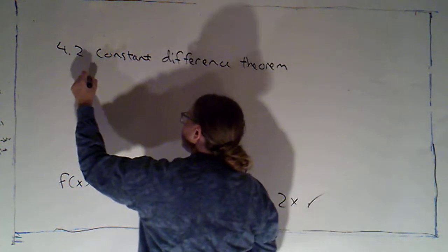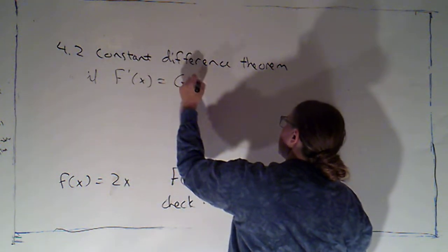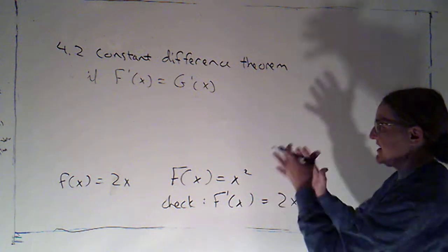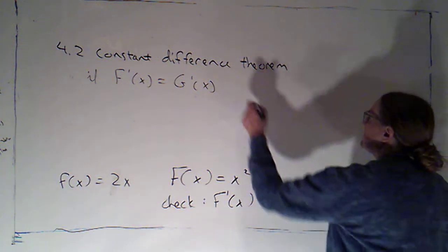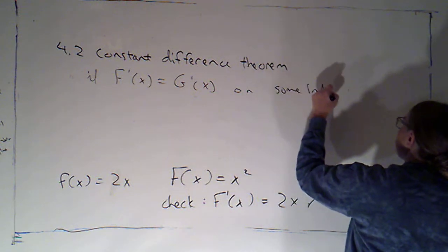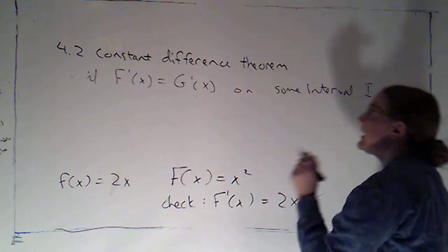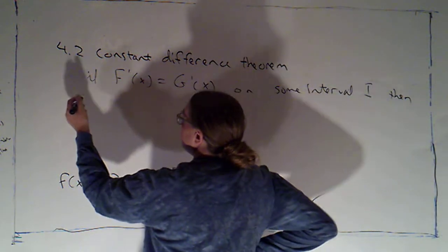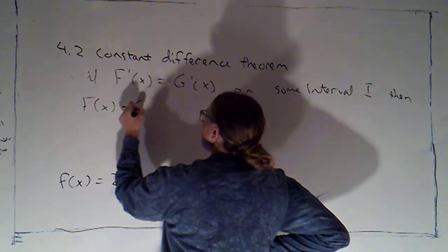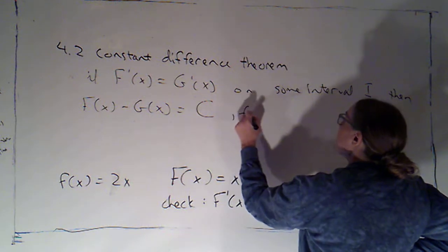And that said, if f prime of x equals g prime of x, I'm just going to use capital letters here because I'm thinking of them as antiderivatives, on some interval I, then the difference between f and g, so f of x minus g of x, is c for some constant c.